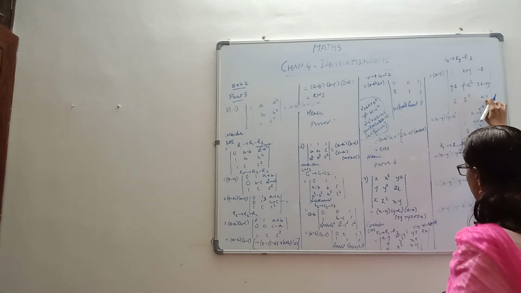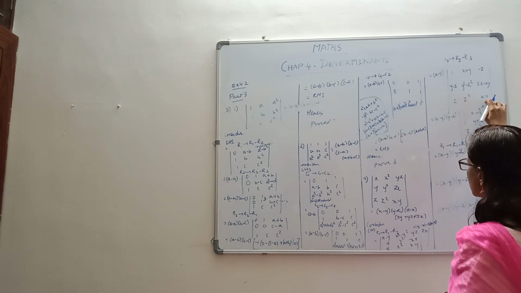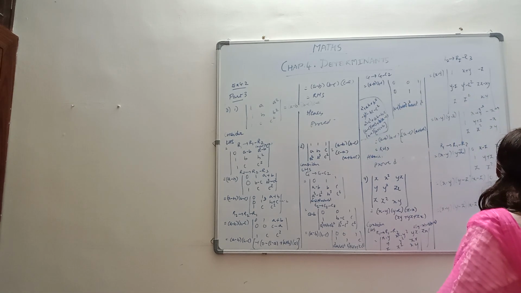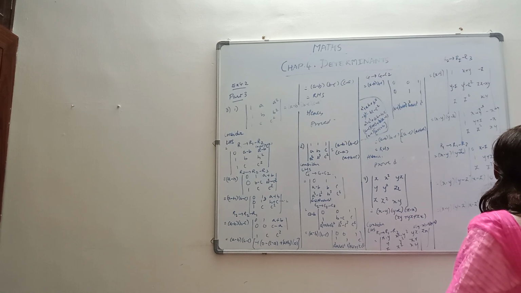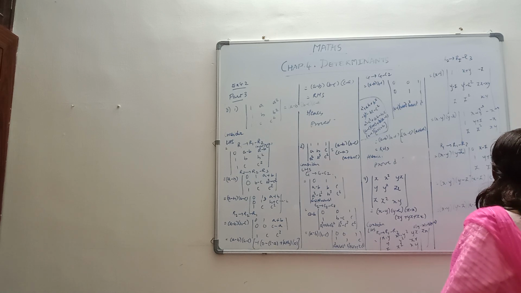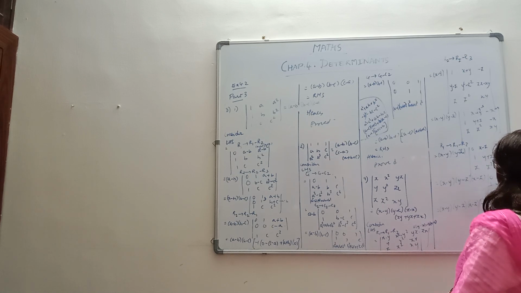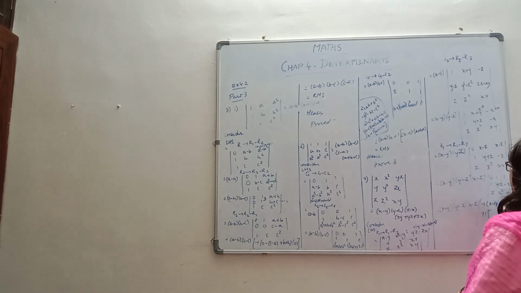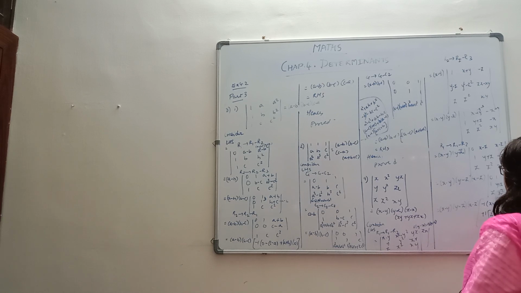I just have to check. This is like this. I've got xy, and then here it is minus x, and here it is z. Yeah. So xy minus xz. Then we have this on 3 plus 1. I have got z squared minus zy minus z squared.